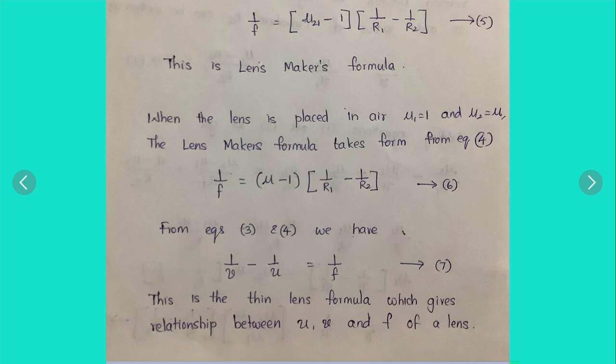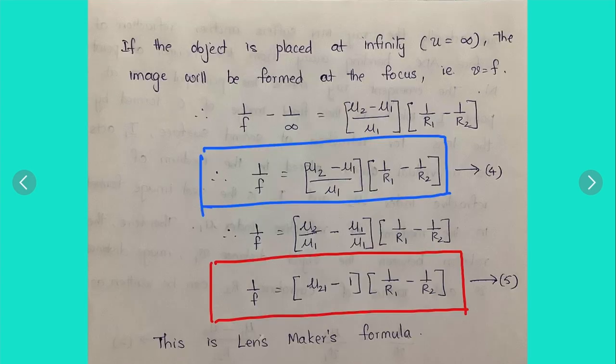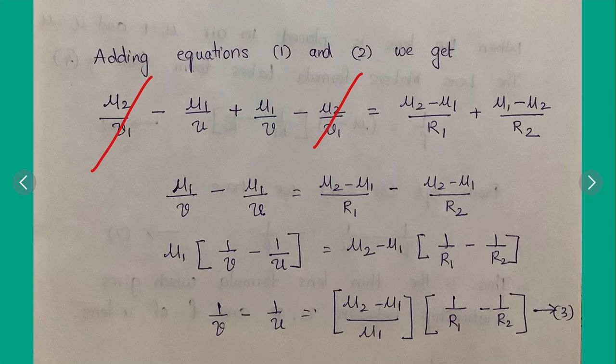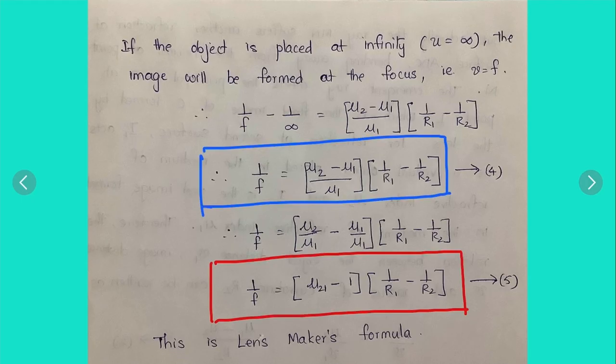This is the fourth equation and this is the third equation. Third equation is 1 by v minus 1 by u is equal to mu2 minus mu1 by mu1 into 1 by r1 minus 1 by r2. What is equation number 4? 1 by f is equal to mu2 minus mu1 by mu1 into 1 by r1 minus 1 by r2.